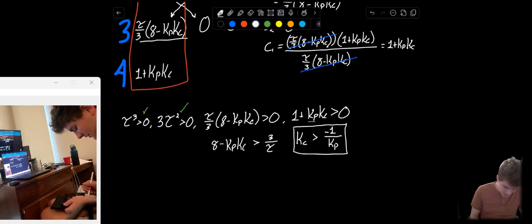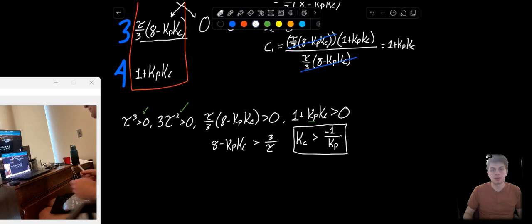And thus we've given our Kc two bounds: 8 over Kp is an upper bound, and -1 over Kp is a lower bound. Of course, since our Kp is positive, we're never going to want our gain to be negative, because it gives the opposite response to our system than what we're looking for out of our controller.